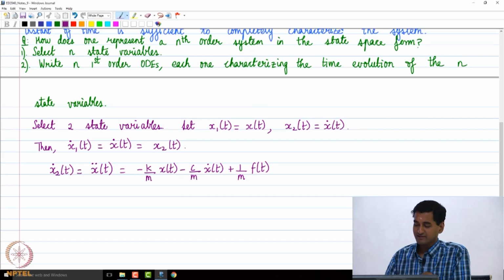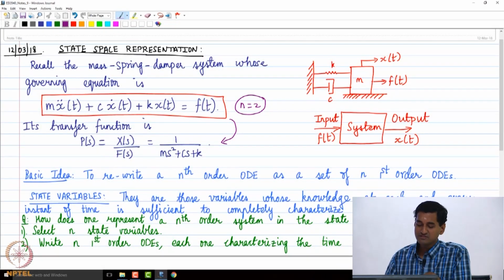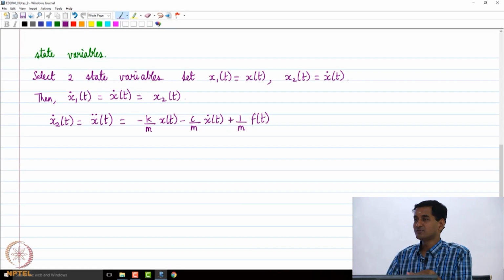Let me tell you how I got it. I used the governing equation of motion. If I take c x dot and k x to the other side, you get a negative sign, and then you divide throughout by m. That's all I did. Very simple algebra. So I get x double dot as minus k by m x of t minus c by m x dot of t plus 1 by m f of t.